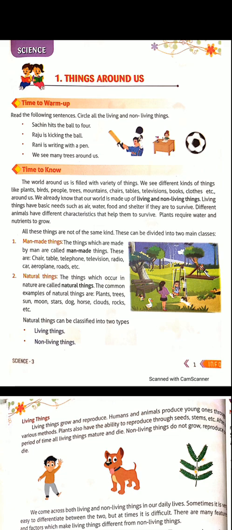Now listen here. I already told you all the things in this world are mainly divided into two types: man-made things and natural things. They are the two classifications of things. Now let us see what is a man-made thing.